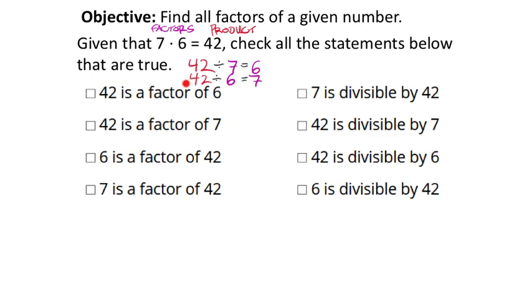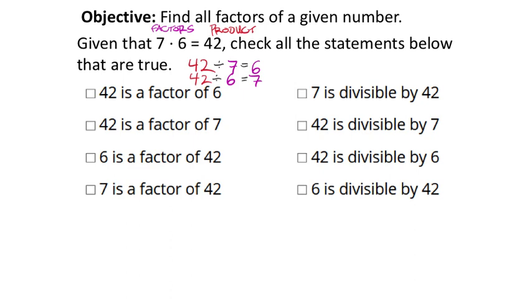The product becomes a dividend, and the factors are either the divisor or the quotient. Divisor, quotient. So, since we're dividing 42 by 7, and 42 can be divided by 6 to get these quotients, we know that 42 is divisible by 7 or 6.